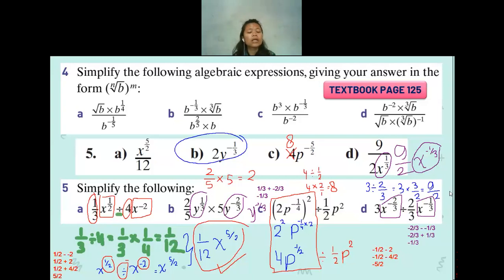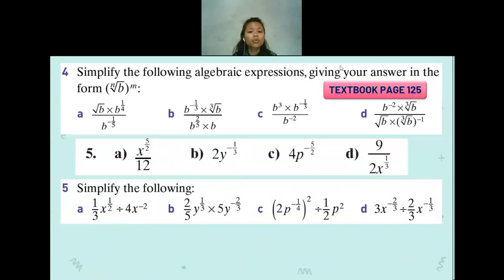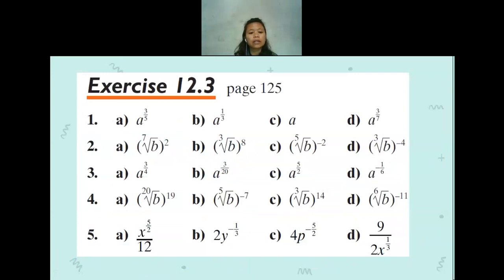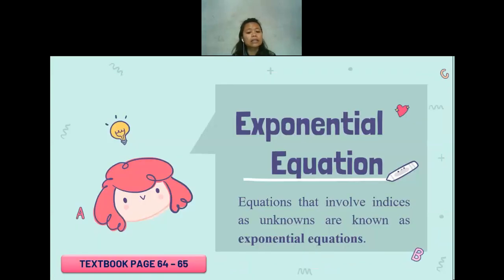For this next subchapter, if you already made the summary, please kindly use the summary because we are going to use it to solve the equation. Now we are going to solve equations having indices. This is the answer. Later I will be sharing it with you.